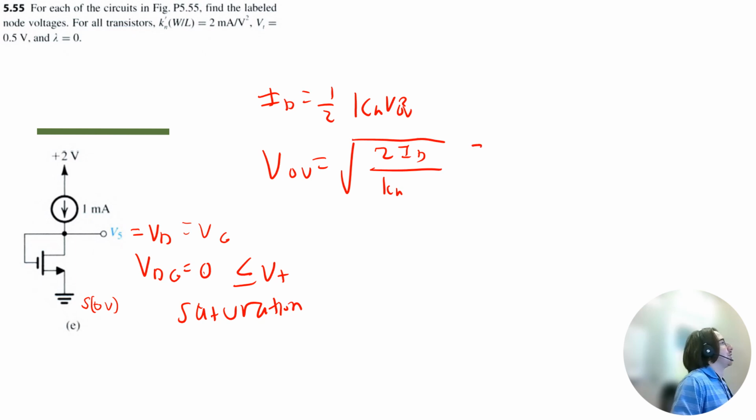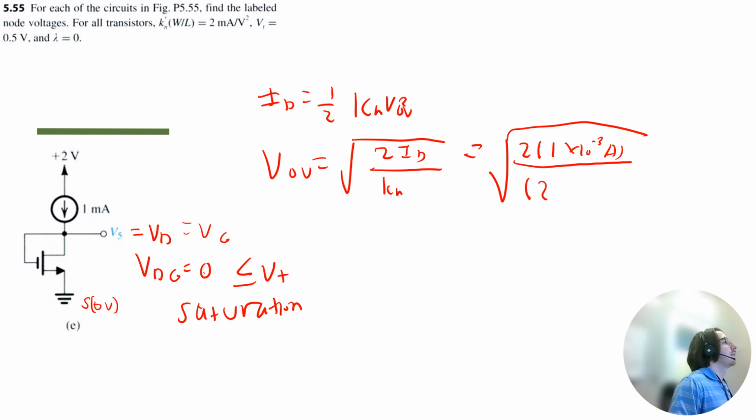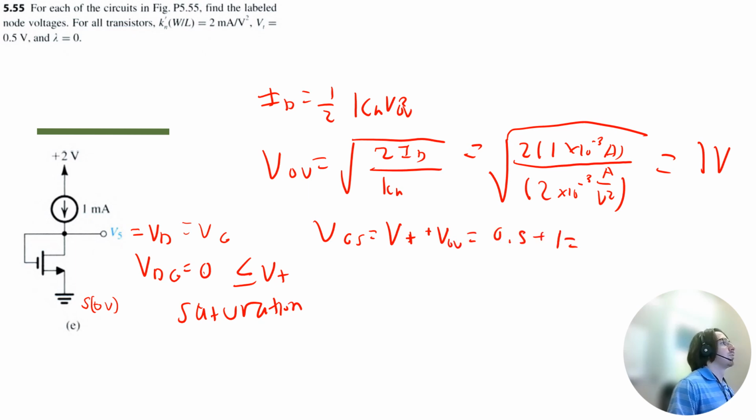Now this time the drain current is 1 milliamp. So 2 times 1 times 10 to the negative 3 amps divided by 2 times 10 to the negative 3 amps per volt squared. I get that V overdrive is equal to 1 volt, which means that the voltage from gate to source is equal to the threshold voltage plus our overdrive voltage, so that's 0.5 plus 1, which is equal to 1.5 volts.